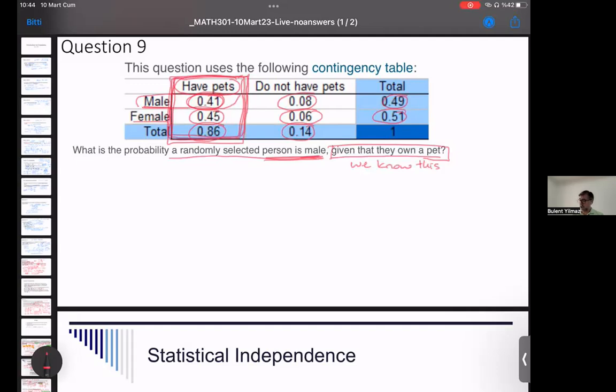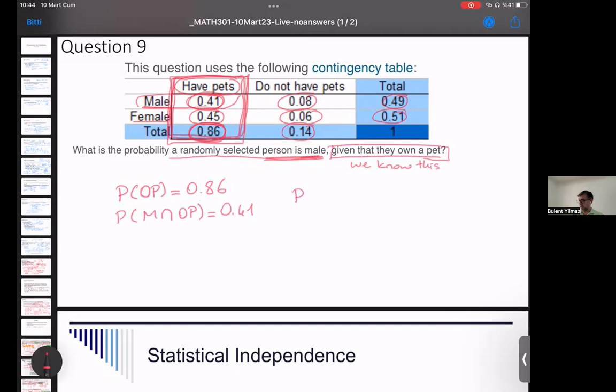What's the probability of people owning a pet? It's 0.86. What's the probability of males who own a pet? 0.41.